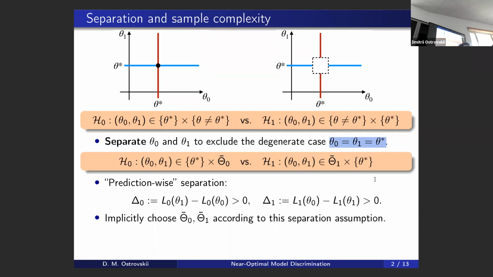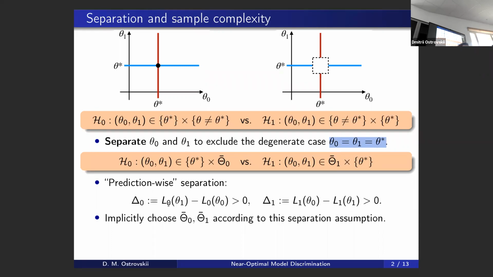Essentially, I don't want this problem to depend on the parameterization. I want it to be characterized in terms of the prediction quantities and not the estimation quantities. And so I say, okay, let me assume a priori that theta 1 and theta 0 are separated in terms of the excess risks.